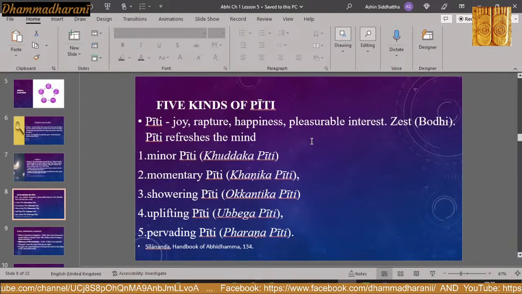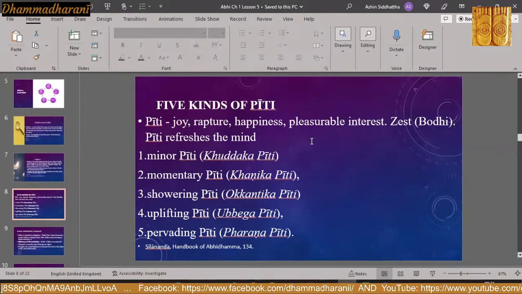Then the next one, showering piti, okkantika piti. It's like the coming waves. When you are sitting or standing in front of the ocean, you can see waves come and go again and again. So joy arises in your mind again and again, like waves.